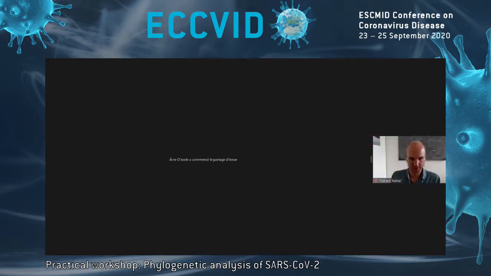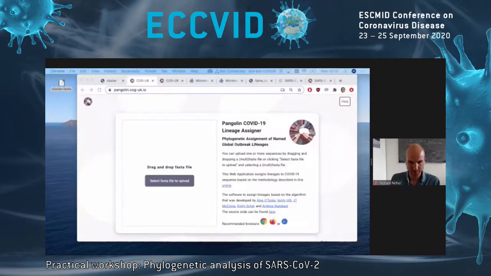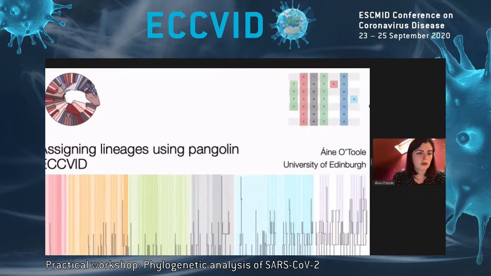I'm going to share my screen again. Okay, hopefully you can see that. I'm now going to take you through assigning lineages with Pangolin, with an example set that is really quite simple, but shows a powerful example of what you can do with lineage information.